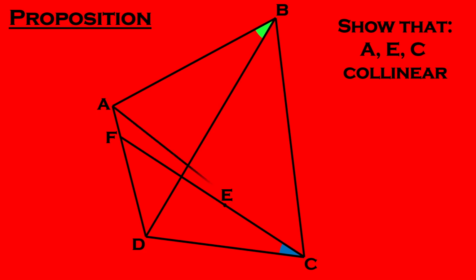Then we construct AC, and this line AC together with DC form the yellow angle. Now, because the quadrilateral ABCD is cyclic and the yellow and the green angles intercept the same chord AD of this quadrilateral, we conclude that the yellow and the green angles must be equal.